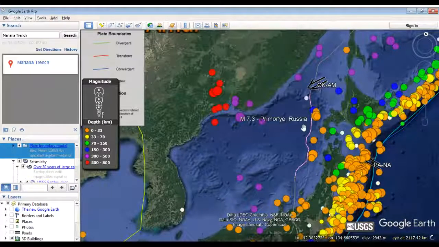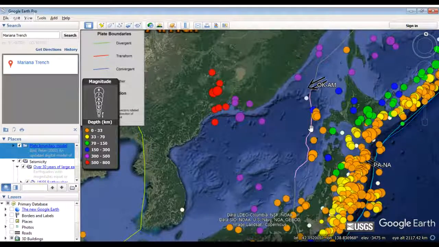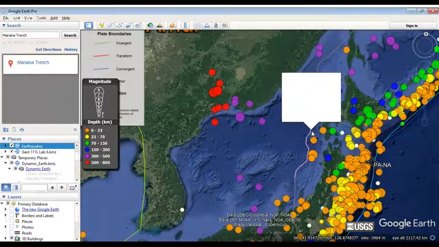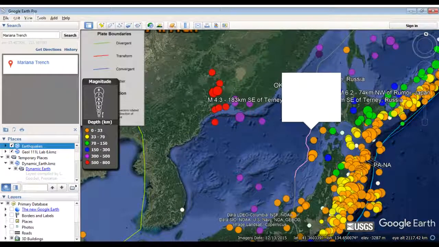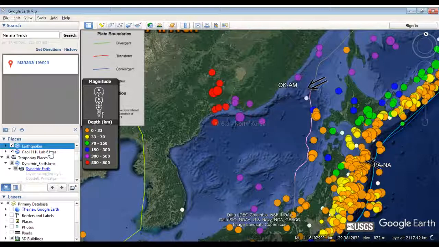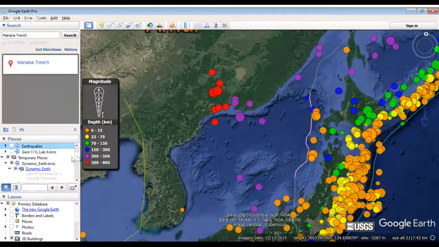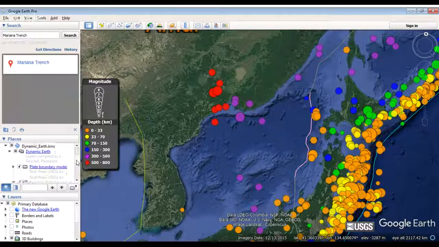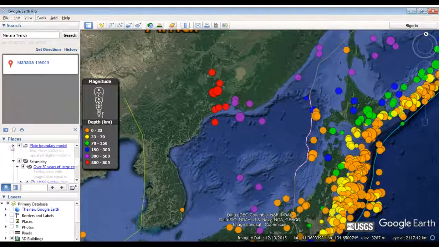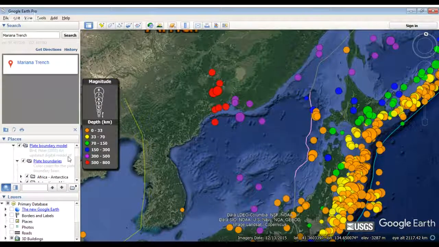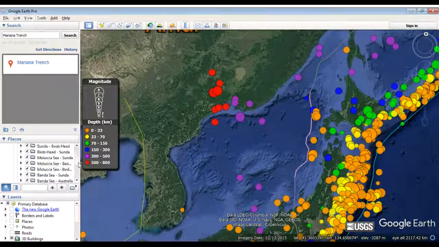All the big ones. What is, let's see. Maybe turn off some of these other ones. There we go. Now let me try and find the plate boundary names up.